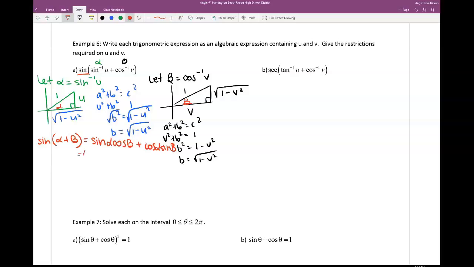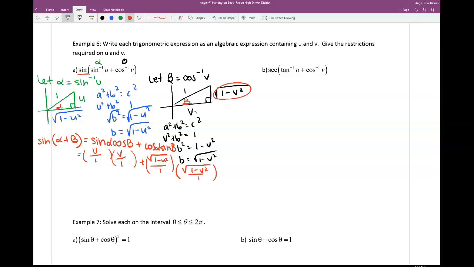Okay. So sine of alpha is, sine is opposite over hypotenuse. Cosine of beta is, beta is over here, so cosine is adjacent over hypotenuse, plus cosine of alpha, alpha is over here, adjacent 1 minus u squared over 1 times, okay, sine is over here, have opposite 1 minus v squared over 1.